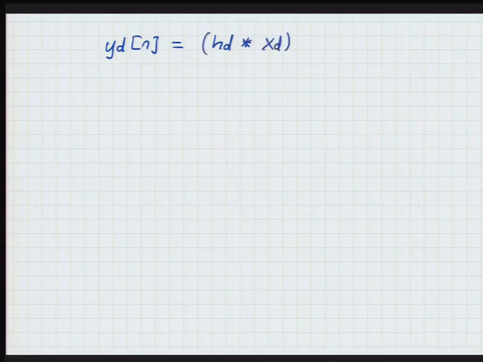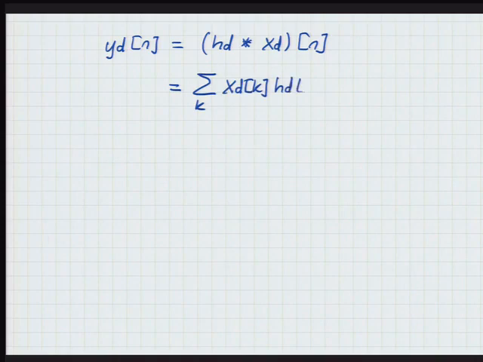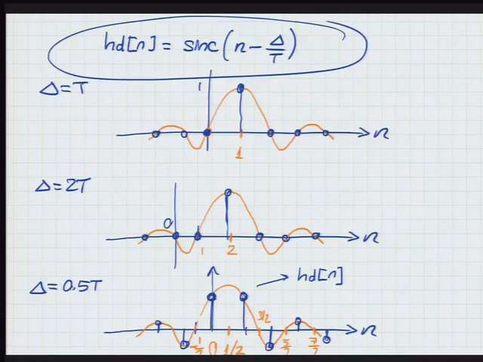XD of n, right? So I know XD of n, they are the samples of the incoming signal. HD we just calculated, right? So if I write the expression for convolution, I can just say this is a sum over k. k is going to be our dummy now. XD of k times HD of n minus k. The good old definition of convolution, right? And I know what my HD of n is. It's given here.